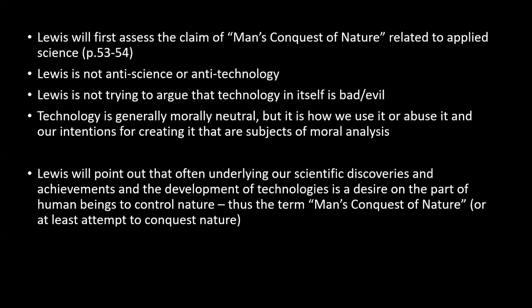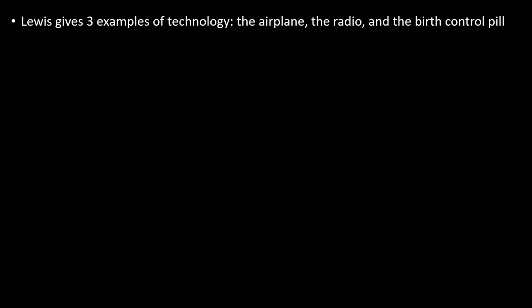And that's why C.S. Lewis uses this term, man's conquest of nature, or at least our attempt to conquer nature, to be in control of nature. And that's what C.S. Lewis says sometimes underlies science and technology, and this is problematic, this mentality, this reason for doing science and technology, and that worries him.